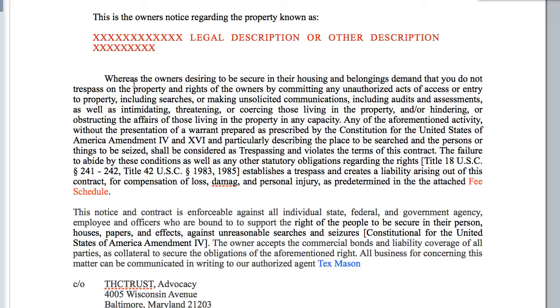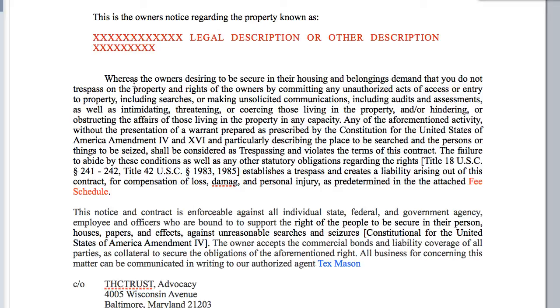It's not a part of my contract. But let me read that again. The failure to abide by these conditions, as well as any other statutory obligations regarding the rights, establishes a trespass and creates a liability arising out of this contract for compensation of loss, damage, and personal injury as predetermined in the attached fee schedule.